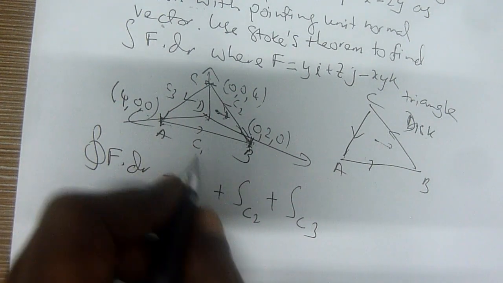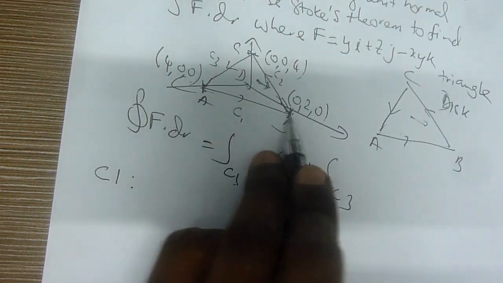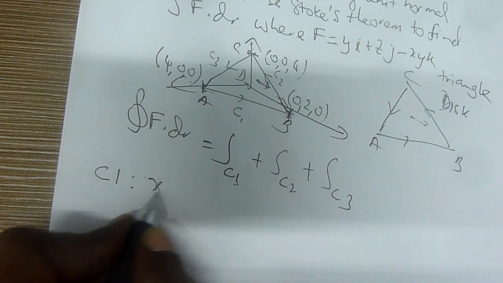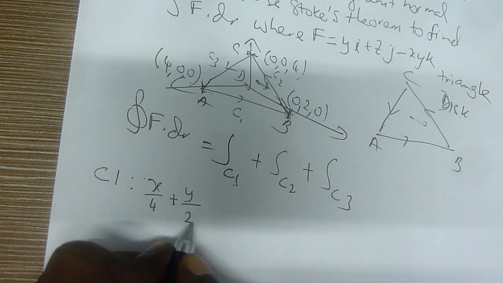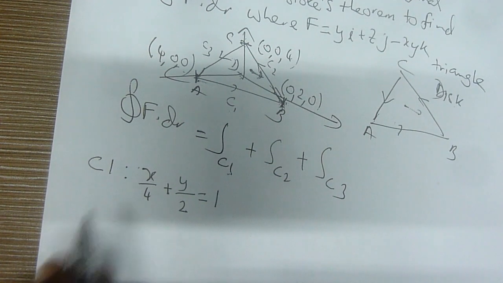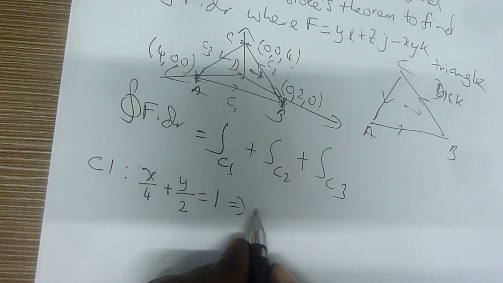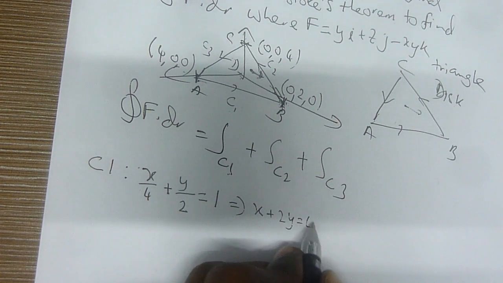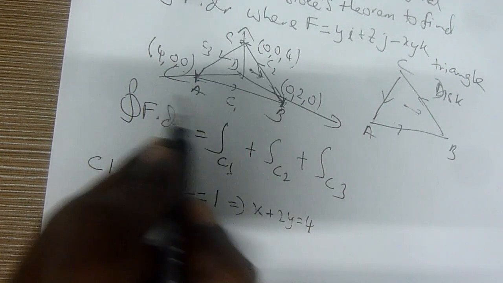What is the equation for C1? The equation of this is x over 4 plus y over 2 equals 1. Then you make it to y, and this whole equation becomes x plus 2y equals 4. Then similarly you can calculate the same way.